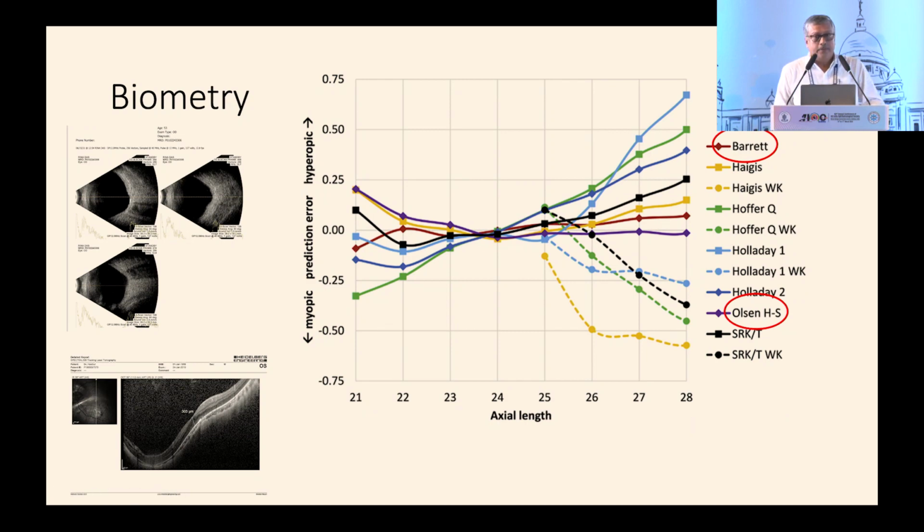And also there are sometimes huge staphylomas which often gives erroneous results, and you must be very careful. In fact, sometimes you need to do an ultrasonography to exactly locate where the macula is and calculate that axial length manually and put it in the biometer.